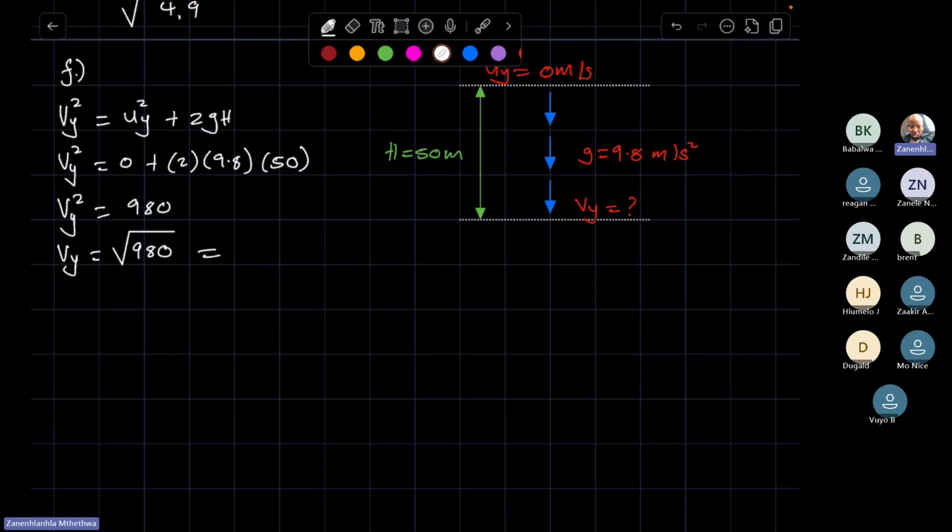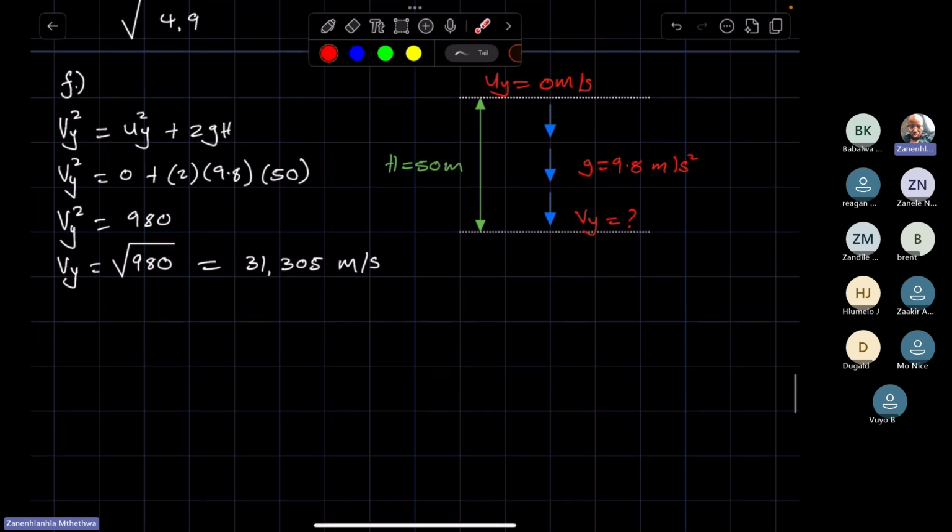Square root of 980 is 31.305 meters per second. So if this were freely falling, this would be the velocity just before it hits the ground.